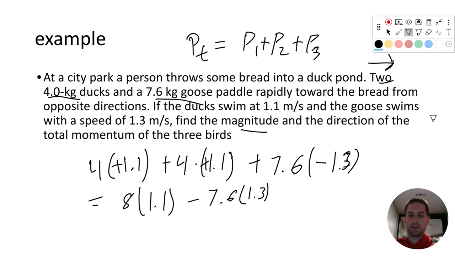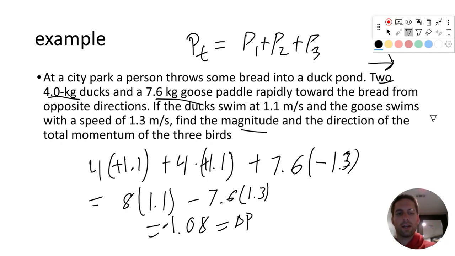When I do that, I get negative 1.08. However, that's going to be my delta p, and I want the absolute value of this though, because it says find the magnitude.